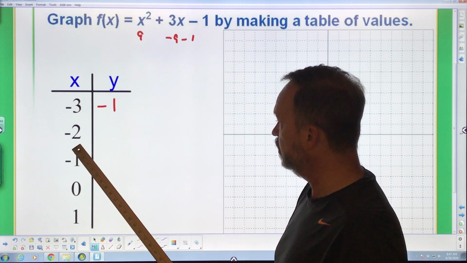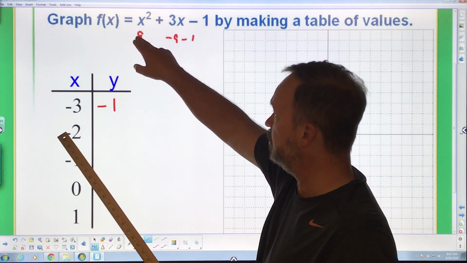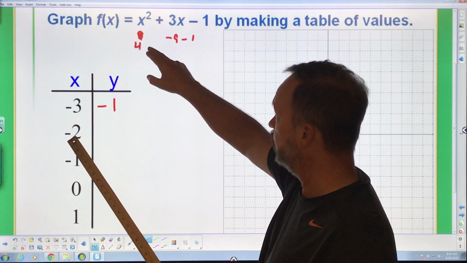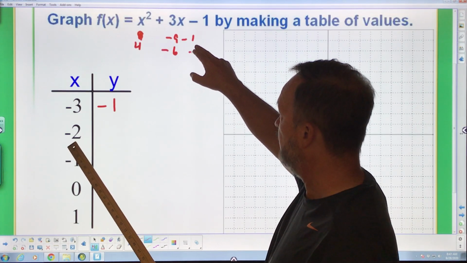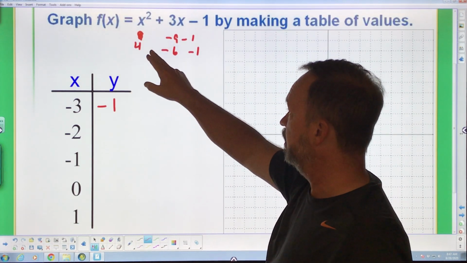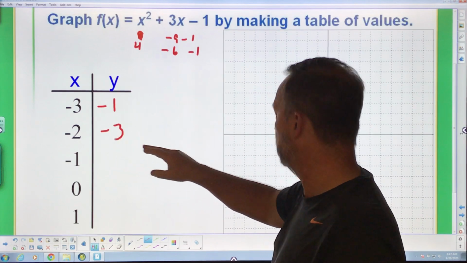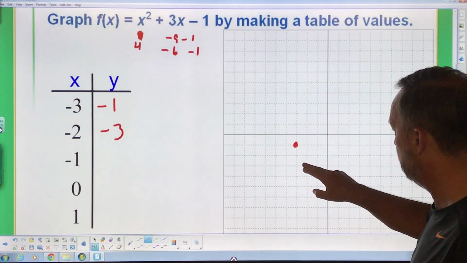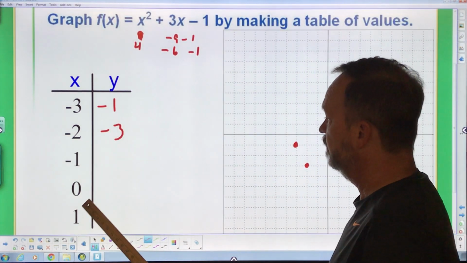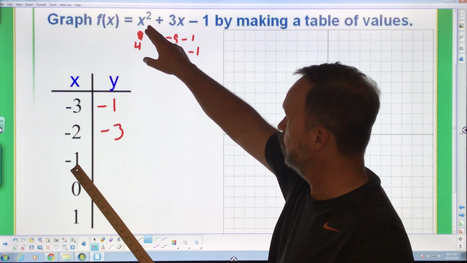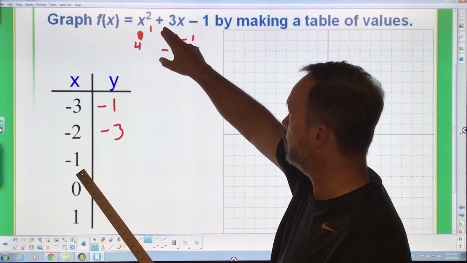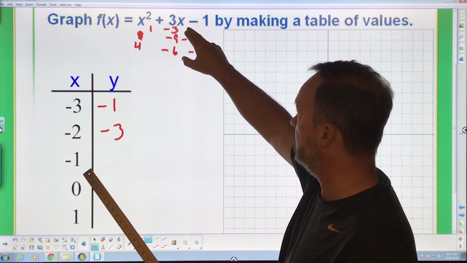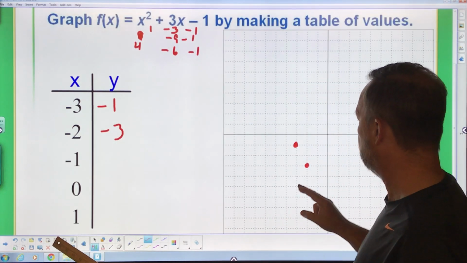Next we'll do the -2. And so -2 squared is 4. And you put -2 here, you get -6, and then -1. So that would be -3. So -2, -3. Next we do the -1. So -1 squared minus 3 times a -1, and we get -3 again.